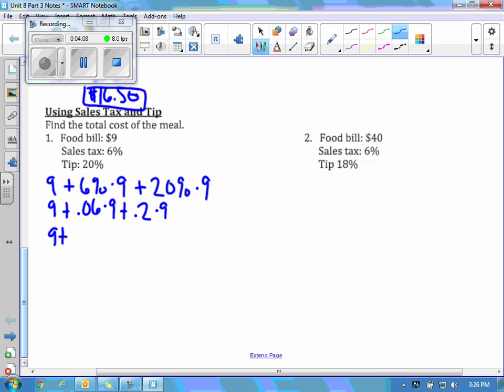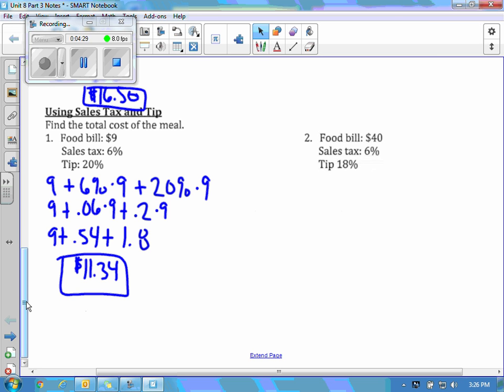So 9 plus 0.06 times 9 is 0.54, and 0.2 times 9 is 1.8. Now I can add all of this up, and I'll wind up with $11.34 as my total cost. That's the food plus the sales tax, which is 6% of the food, plus the tip, which is 20%. And just add all of that.